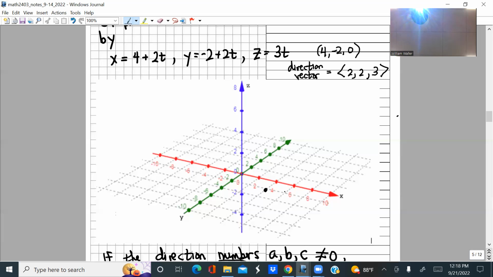And go up the y-axis 2? So wouldn't that take me here, right? And then up 3? This is always the hard part, right? So up 3, maybe up here. Okay. And there's another point on the line.